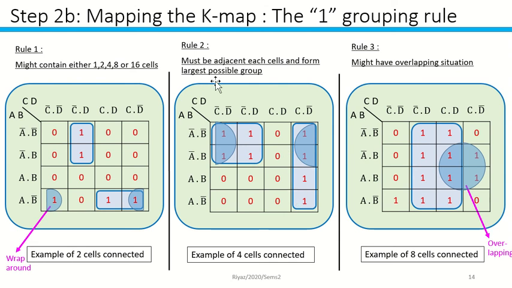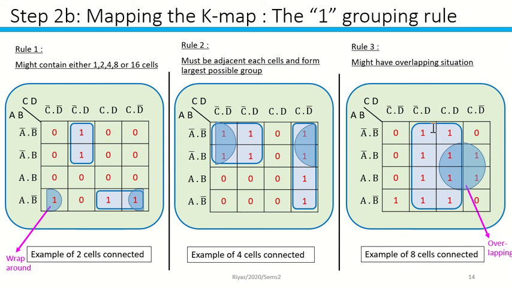And rule number 2, you must join each cell and form the largest possible group. And don't forget, rule number 3 says that there is a possible overlapping situation. For example, this is overlapping, this is also an overlapping situation.